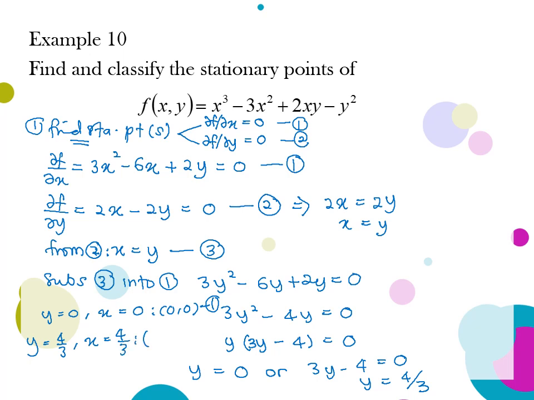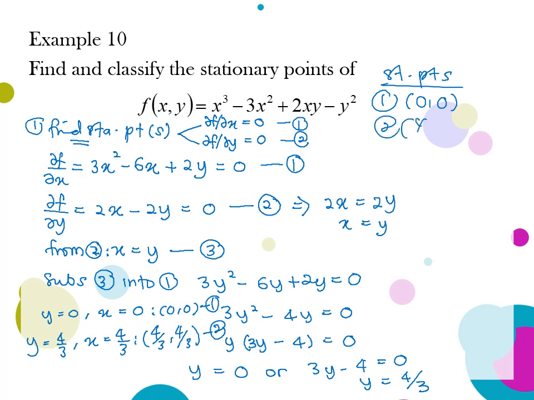So the second point is 4 over 3, 4 over 3. So here we have two stationary points. The first one is 0, 0. The second one is 4 over 3, 4 over 3.